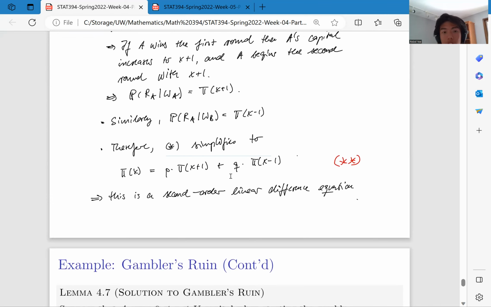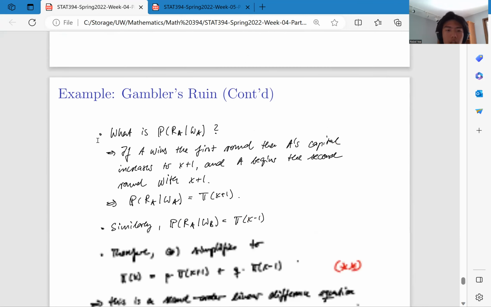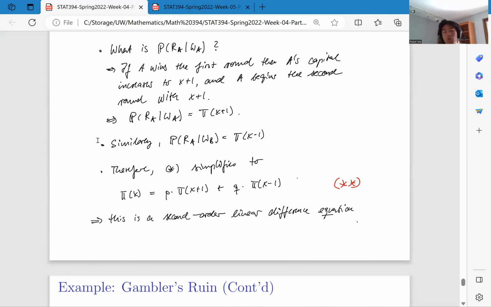Based on this question, we already know that pi zero is equal to 1, because imagine if it starts with 0, then he will already lose the game, so it's equal to 1. And think of pi k: if A starts with k, he already wins the game.